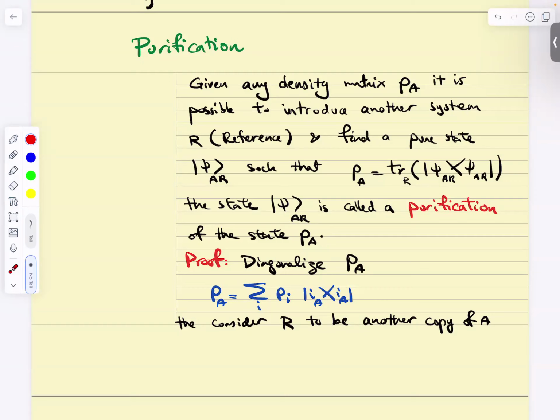Then I'm going to imagine another system called the reference R and a pure state of AR that takes this form. Why did I assume this state? Because if you reduce it down to A, you get the state that I have. Then I say R is purifying my state. This is highly non-unique, but it could always be done.